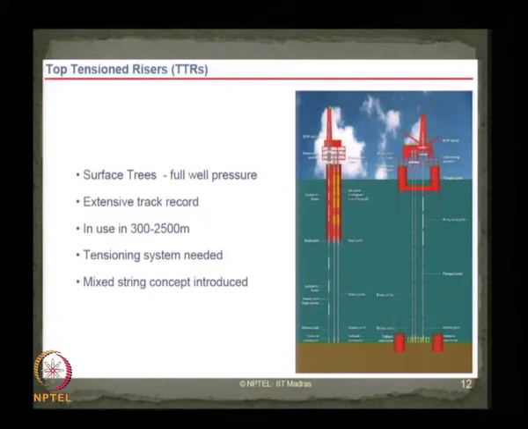They are recommended to be used in a water depth varying from 300 meters to 2500 meters. Now obviously top tension risers, as the name suggests, require a tensioning system which is required to impart tension on the top side of the risers.